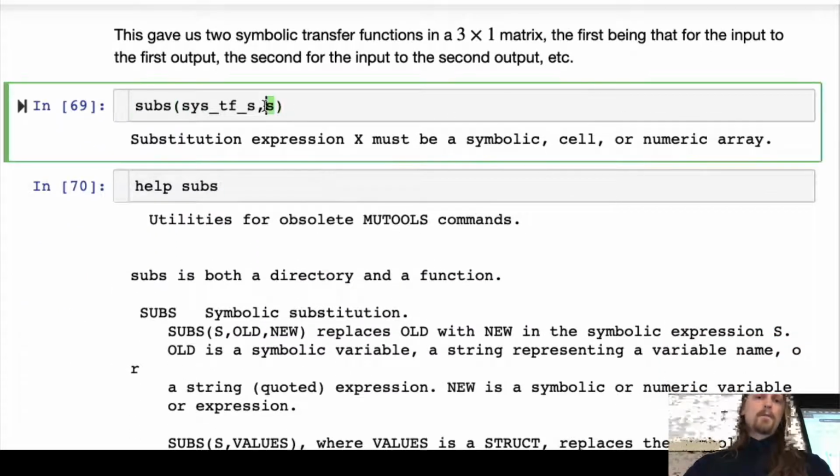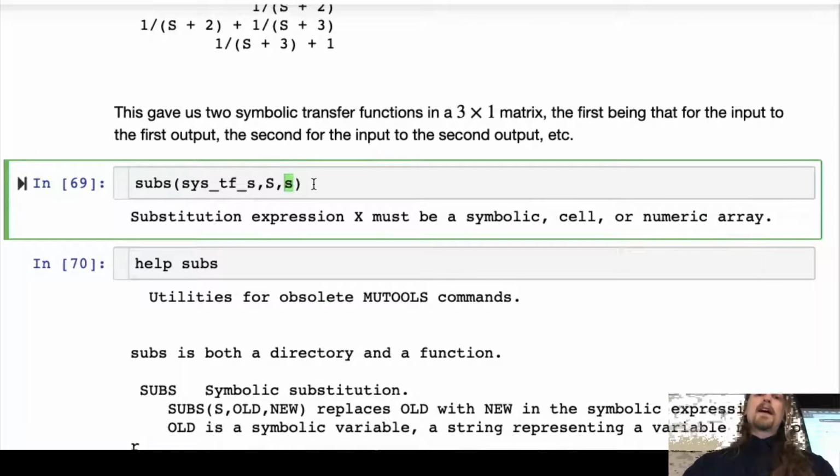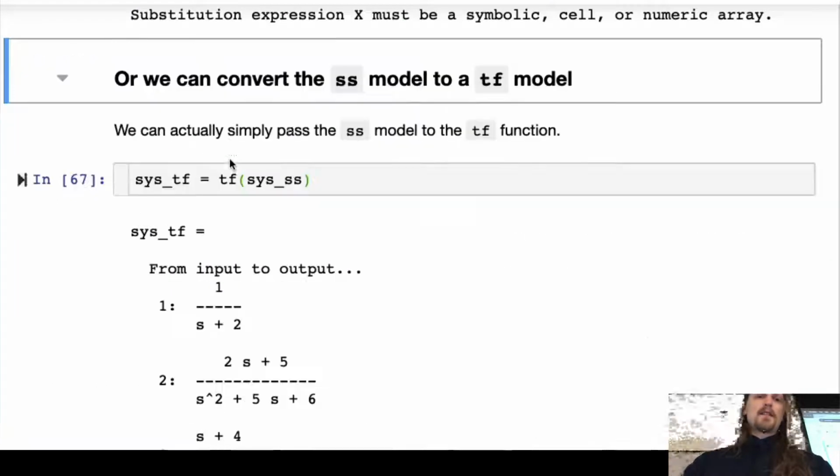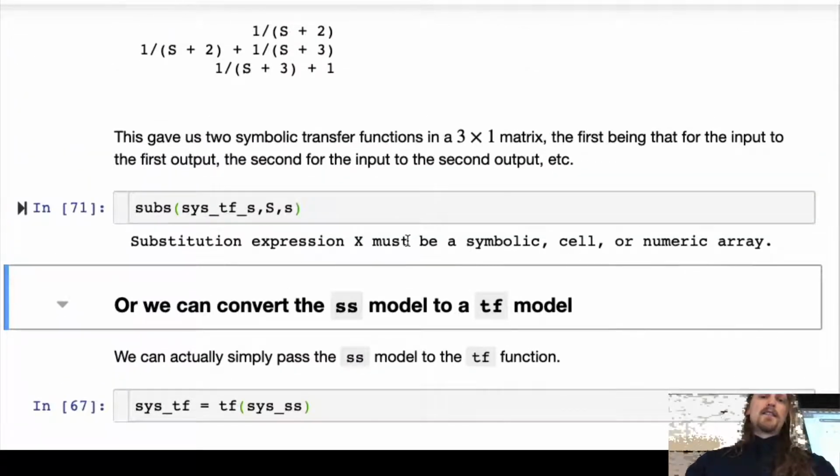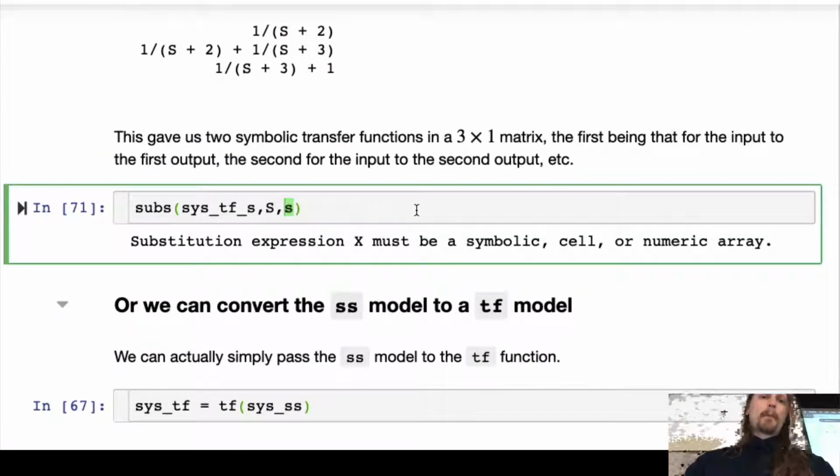Old, new. Great. The old variable is big S. The new variable is little s. I don't know if it's going to let us because little s is not defined as symbolic. It's defined as a transfer function. But let's see. It's not going to let us. Unfortunately. Because that would be nice.